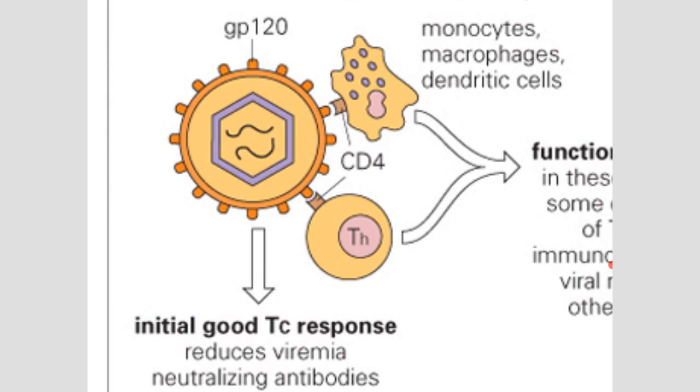CD8 T cell. CD8 T cell is the hallmark of viral infection. Okay, but why are we talking about CD4? Why are we talking about CD4 in HIV? That is one of the problems we have with HIV. Normally, CD4 T cells are good for bacterial infections. In this case, CD8 T cell should initiate a good response.